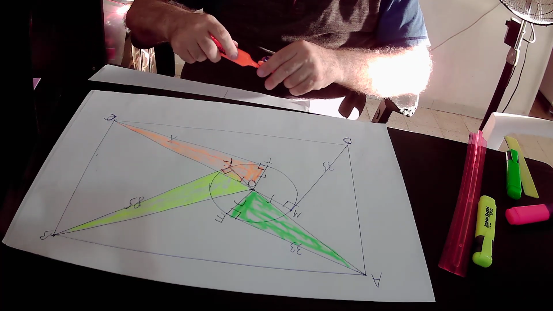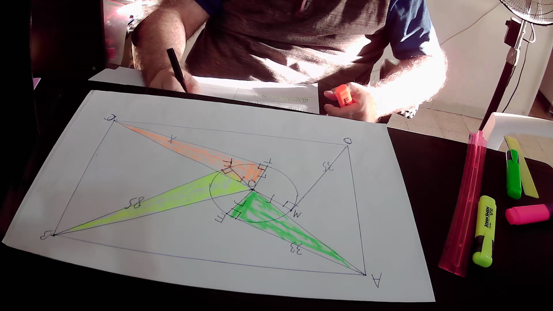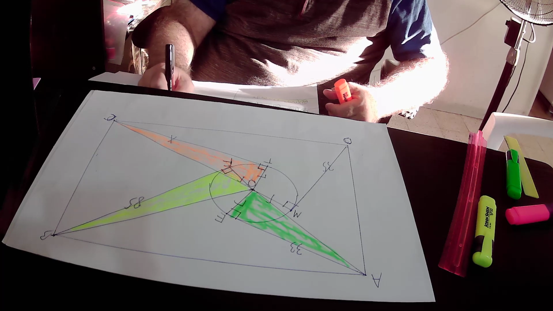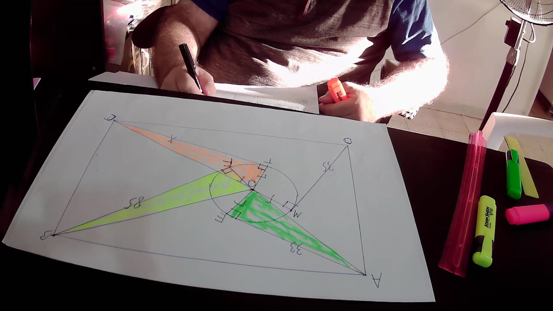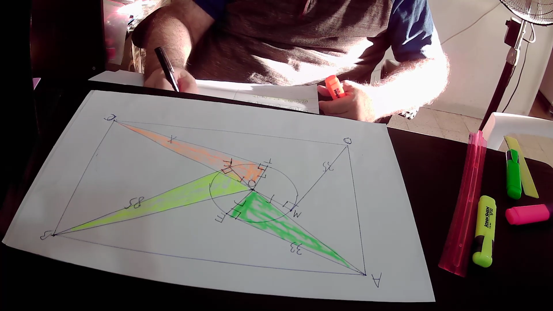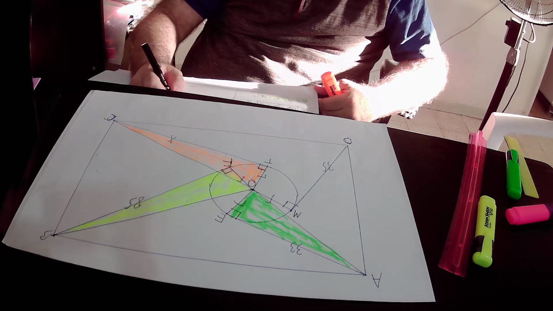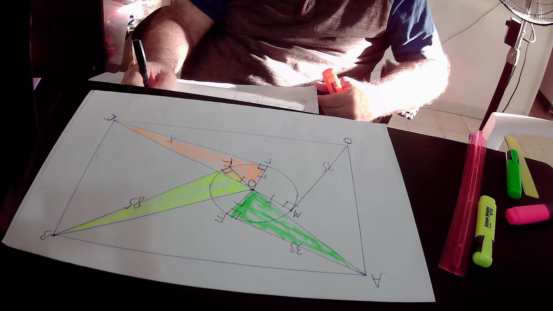In the right orange triangle OTC, by PT, CO square equals OT square plus TC square.